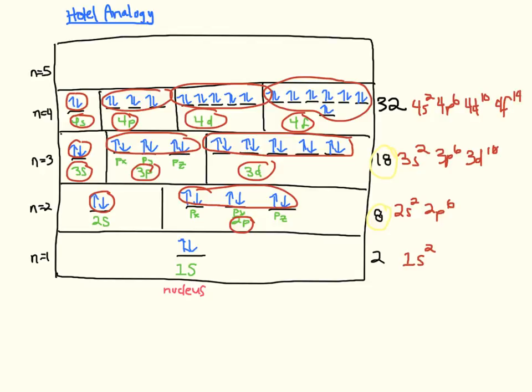When you book a hotel, you don't have to fill every room. And the fact of the matter is that with atoms, every room or every orbital doesn't have to have electrons in it. So in class, we're actually going to talk a lot about how the electrons fill the orbitals and in what order. But we'll save that for class time.